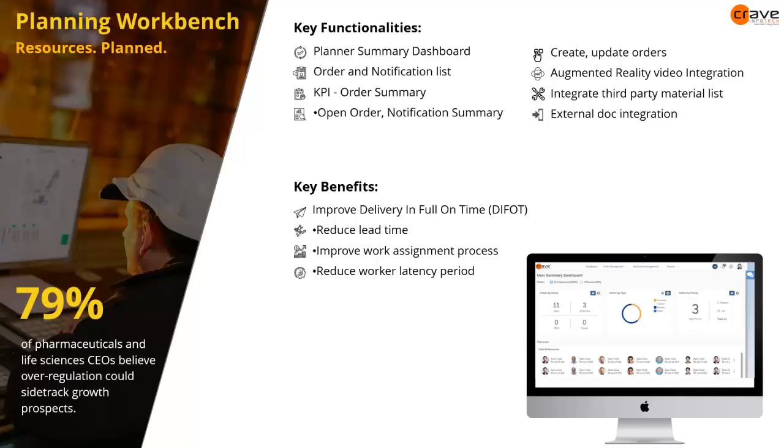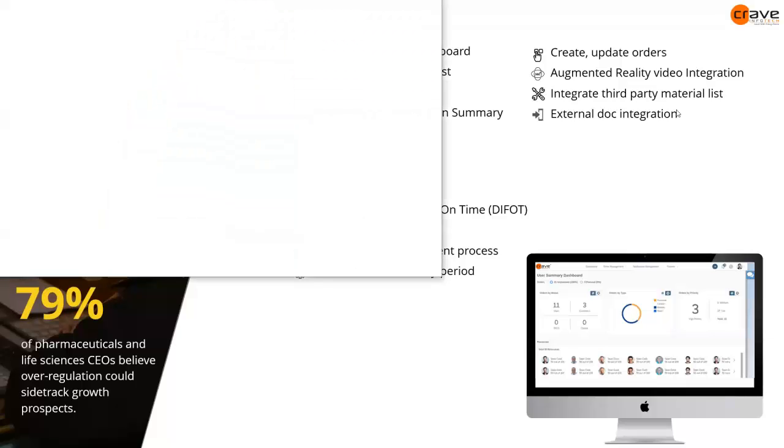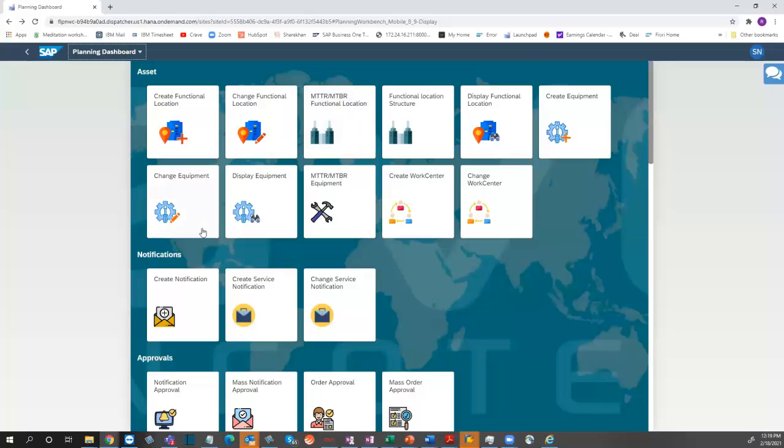Let me now walk you through the application so you can get a better idea about it. Let me bring that on the screen. This is what we call our mobile workforce management platform.